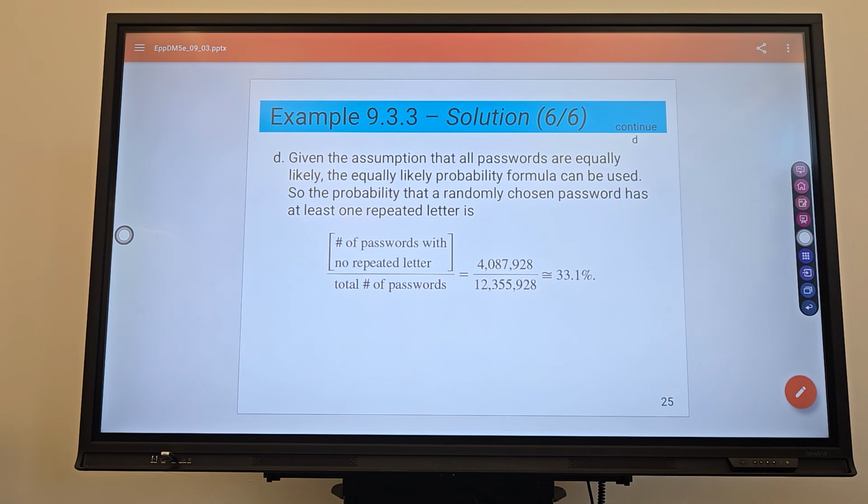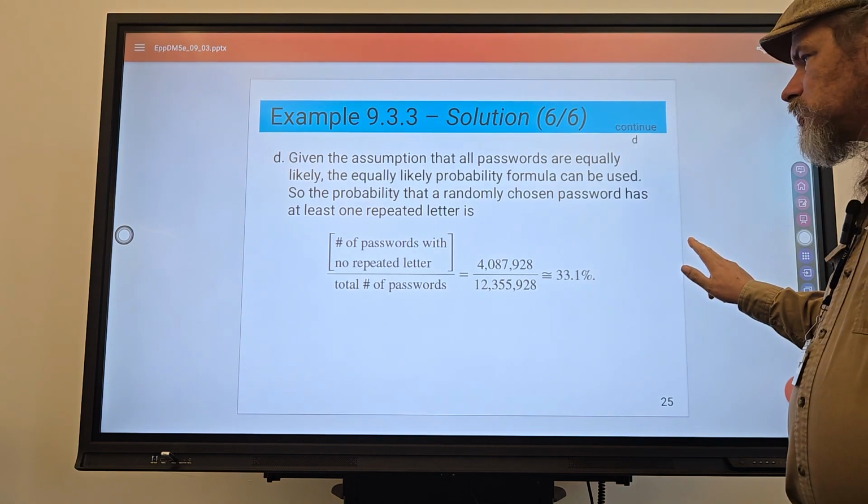Finally, given the assumption that all passwords are equally likely, the probability that a randomly chosen password has at least one repeated letter is the number of passwords with at least one repeated letter divided by the total number of passwords, which is 33.1%.